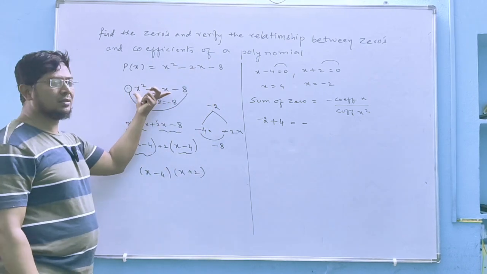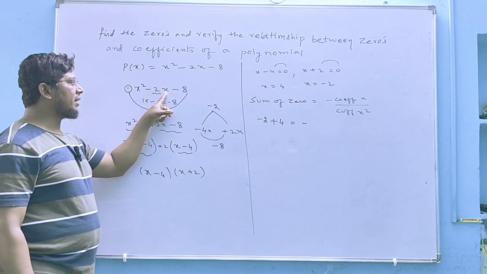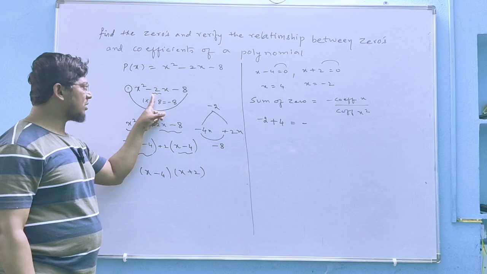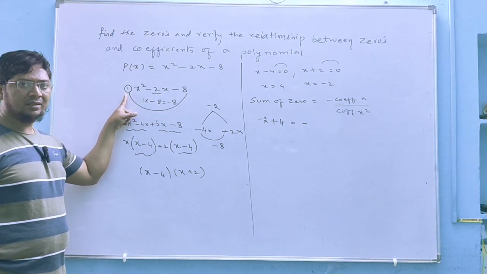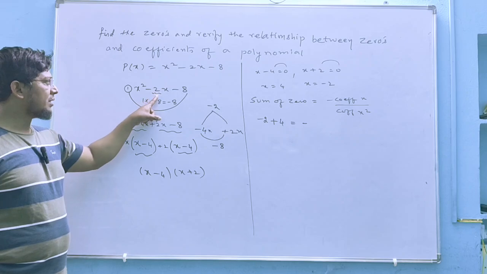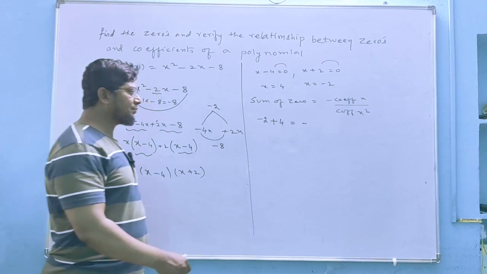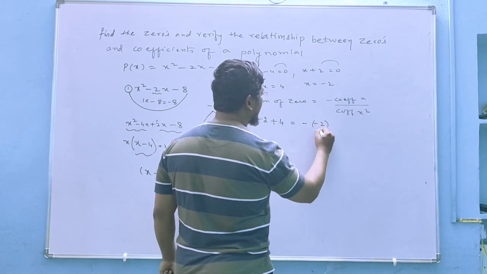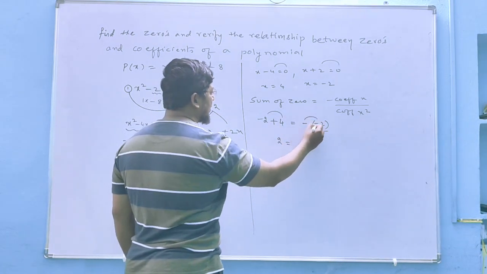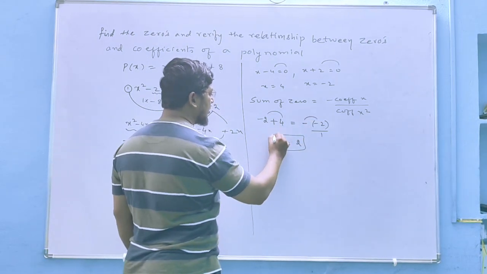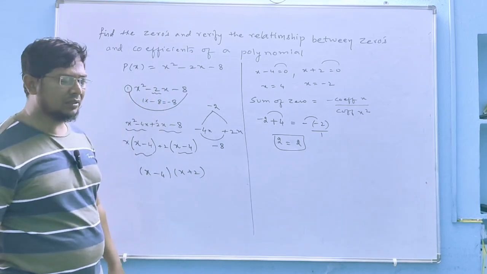In this equation, what is the coefficient of x? Yes, minus 2 is the coefficient of x. And what is the coefficient of x square? Yes, 1. So we write minus of minus 2 upon 1. 4 minus 2 is 2, minus into minus plus, 2 upon 1 is 2 only. LHS is equal to RHS.